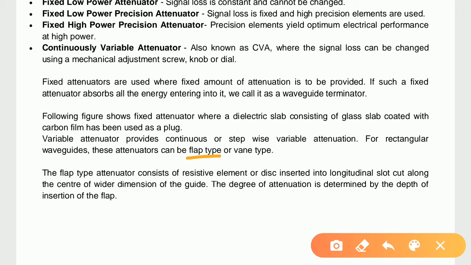The degree of attenuation is determined by the depth of insertion of the flap. The degree of reduction in the power can be determined by checking the depth of this disc, or the depth of insertion of the flap.